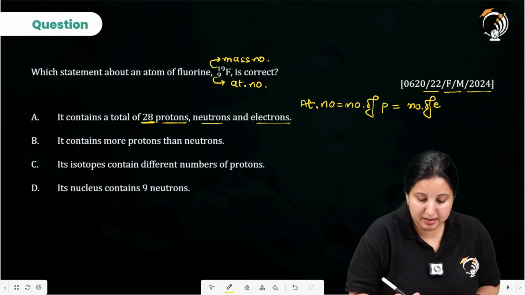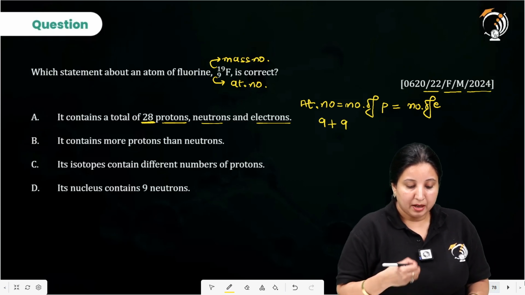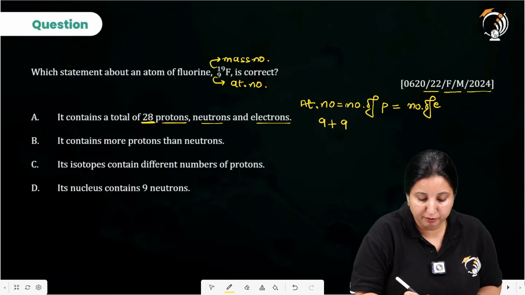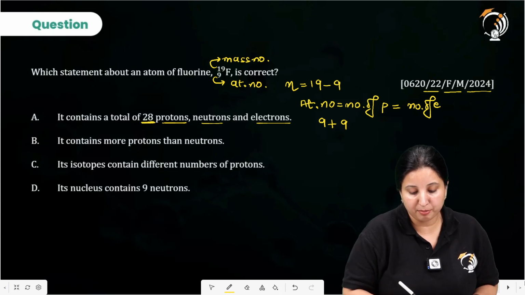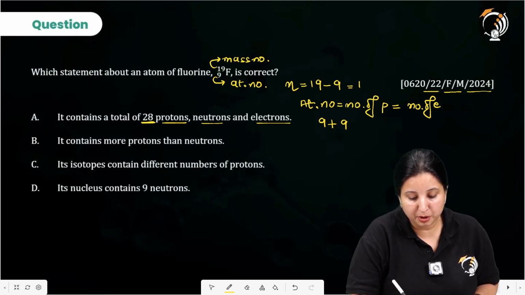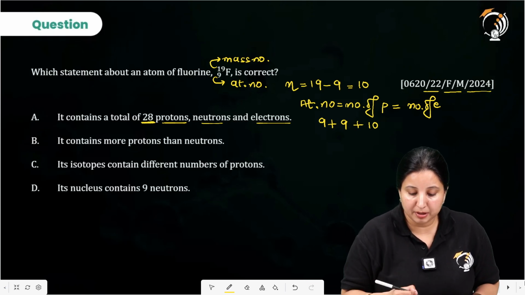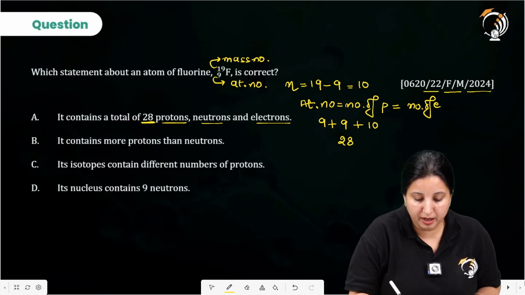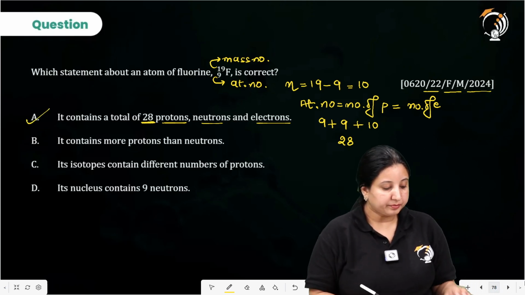So it means I am having 9 protons plus 9 electrons. And if I talk about the number of neutrons, then the number of neutrons is going to be the mass number minus the number of protons, which is going to be equal to 10. So I just add 10 over here. So 9 plus 9 is going to be 18. 18 plus 10 is going to be 28. So this statement is correct.